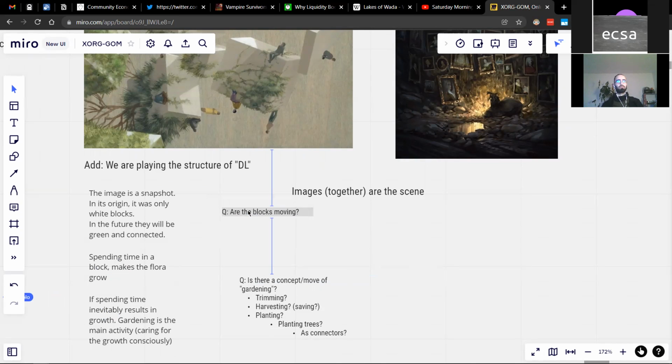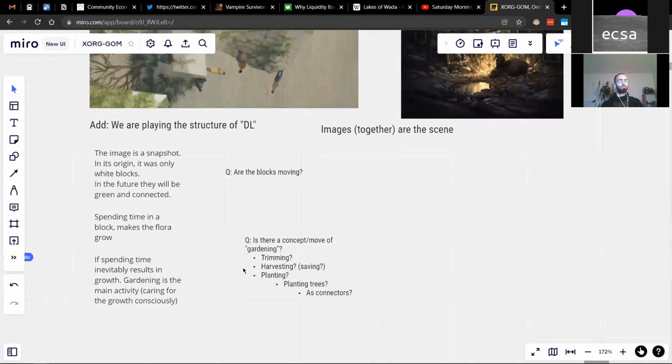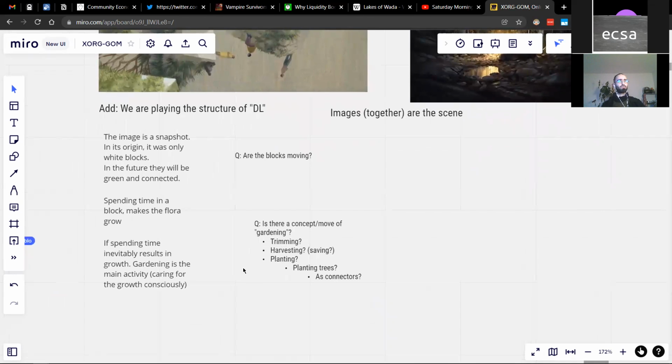I move this here, and I move this here to give this some space. So yeah, I think it's definitely possible that they move, but I think somehow the fertility of it is related to the functioning of them.